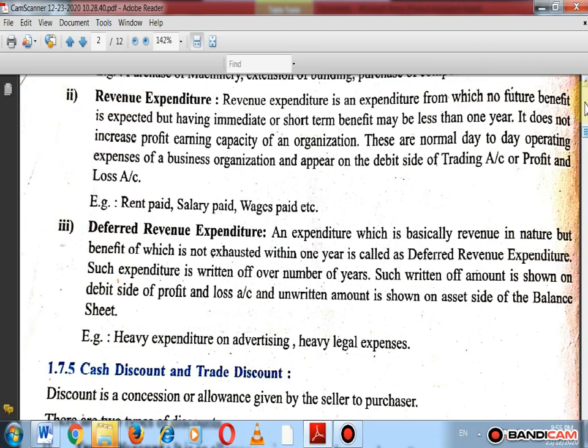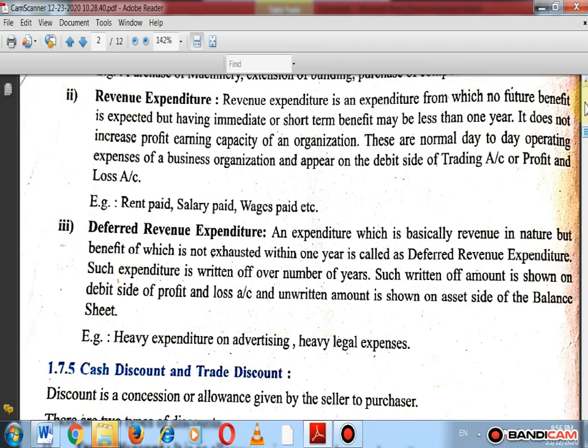Deferred revenue expenditure means the expenditure incurred at the time of foundation of the business organization, and it is recorded on the asset side of the balance sheet under the head of fictitious assets.